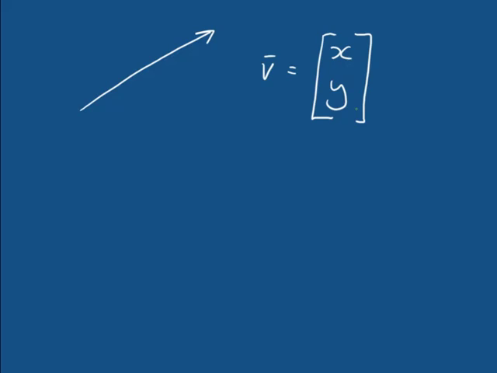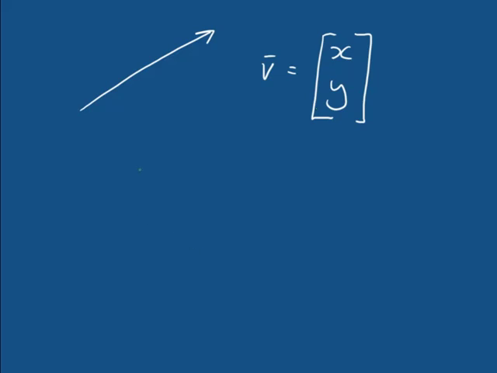So because these vectors exist in 3D space, a 3D Cartesian vector is going to have not only how far do we travel in x and how far do we travel in y as its components, but it's going to have how far do we travel in x, how far do we travel in y, and how far do we travel in that third dimension, how far do we travel in z.